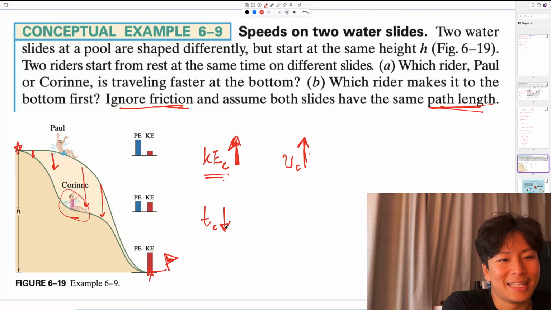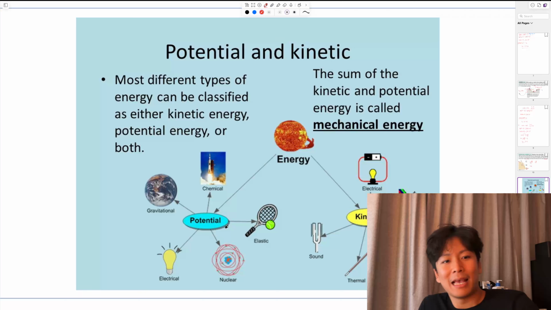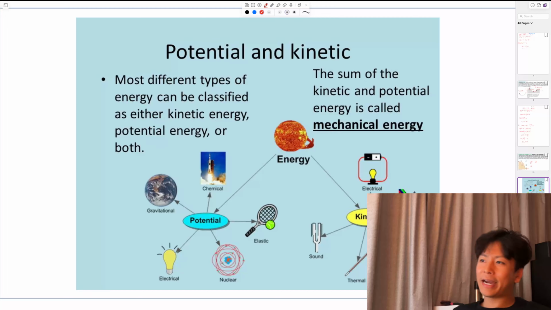Cool. Next slide. So back to some content. Besides the kinetic energy and potential energy of a mechanical system, we can also define other forms of energy.